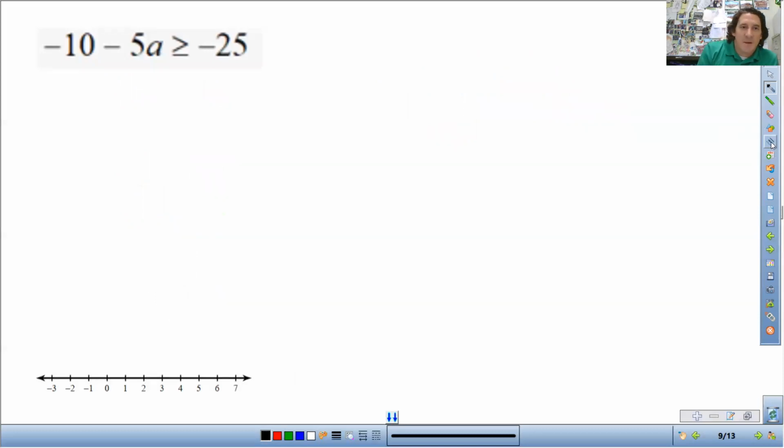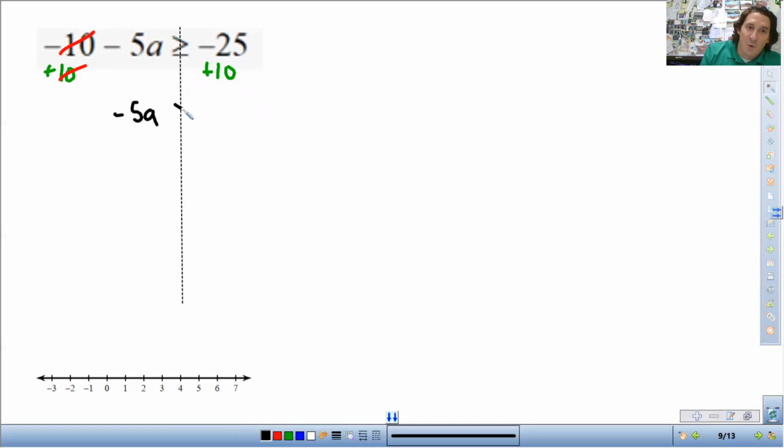So same thing. I'm going to put in a line of separation. I'm going to start off by eliminating the -10 by adding 10 to both sides. -10 plus 10 cancels out. I get -5a. I do not flip the inequality.